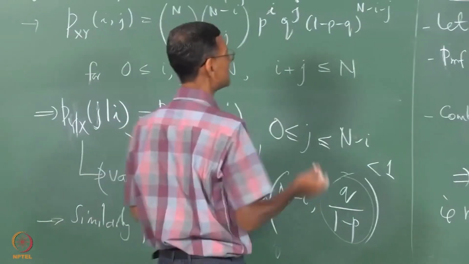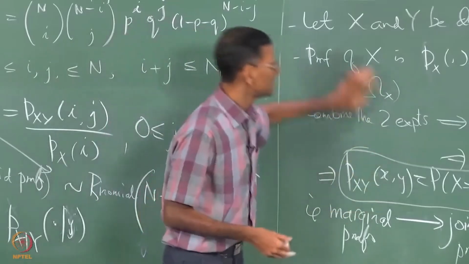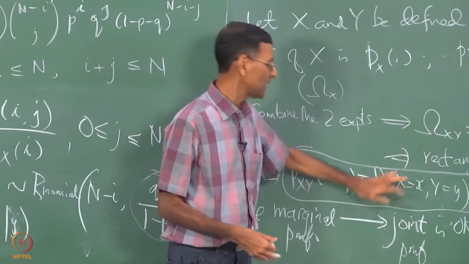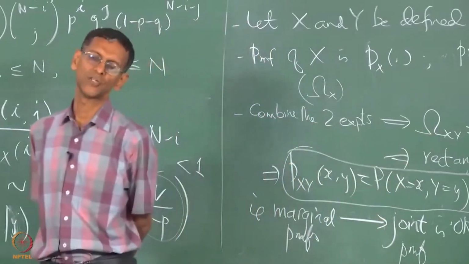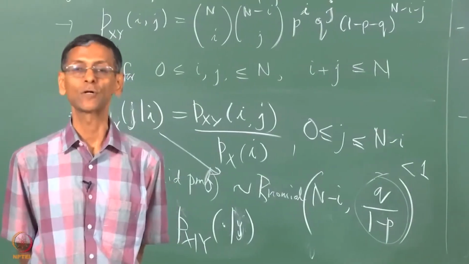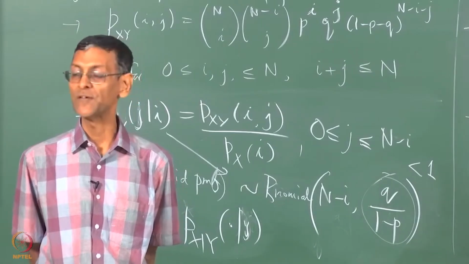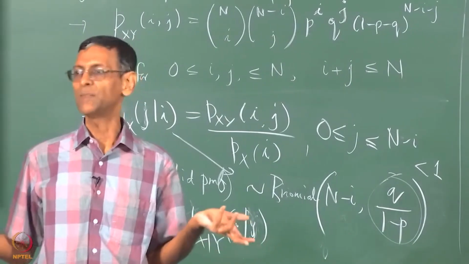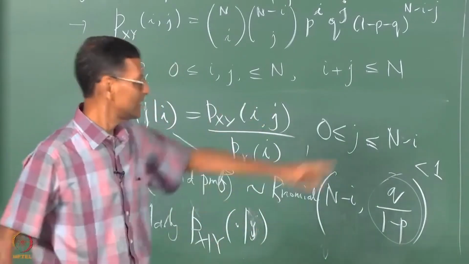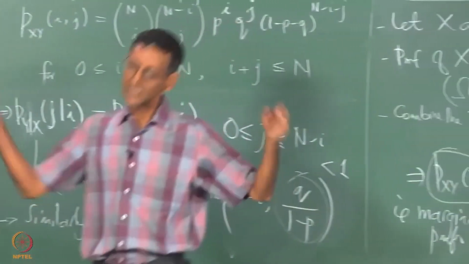Suppose you define two random variables X and Y such that your omega xy first of all is a nice grid, and secondly you calculate the joint PMF and find that it is in fact the product of the marginals. This is the situation that we had first when I talked about independence of events, right. So magically some P of A and B happened to be P of A times P of B. Like that you can also get Pxy, this equality can hold even without explicitly being forced.